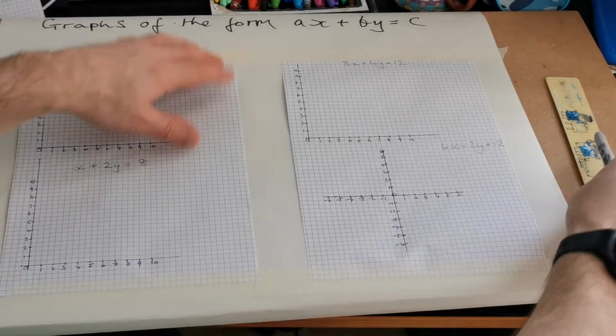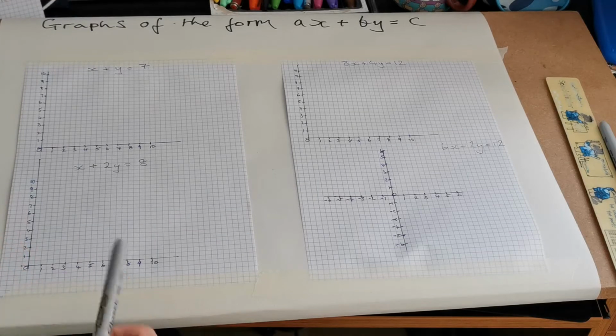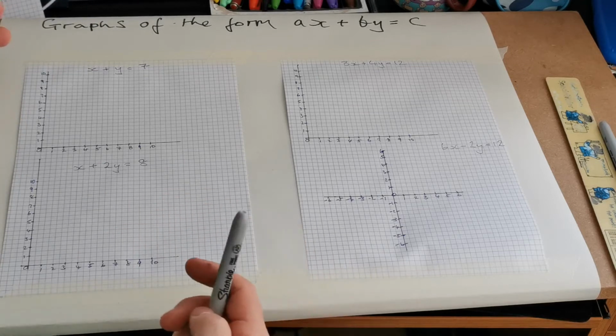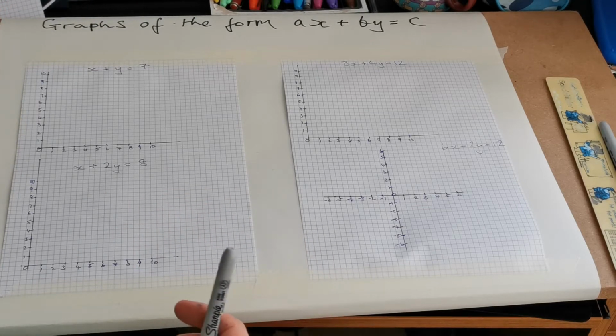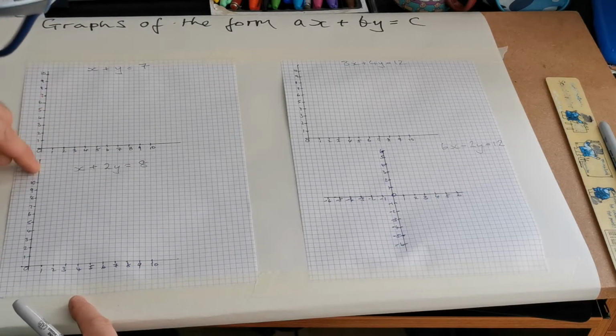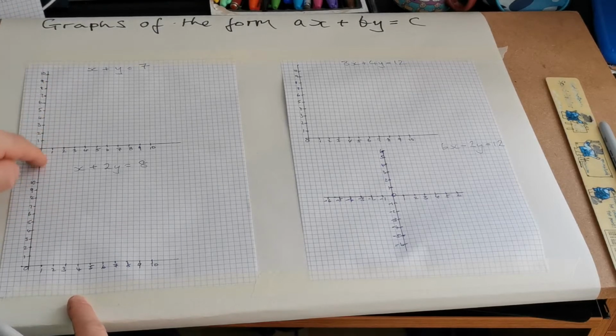So let's start with this one, a nice easy one, x plus y equals 7. Now I'm interested in lots of points along there, but the main ones that I'm really keen to look at are where it crosses the axes. Now along this axis, you can see my x value is 0.